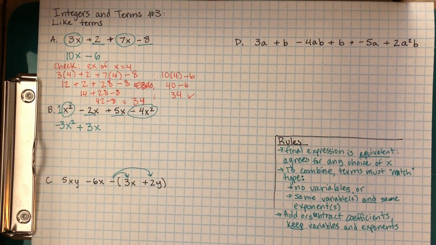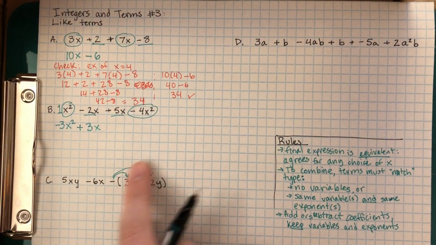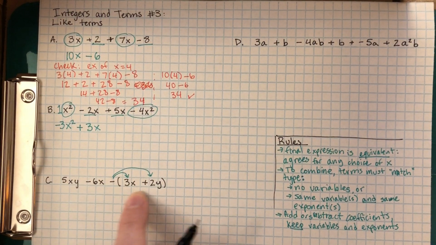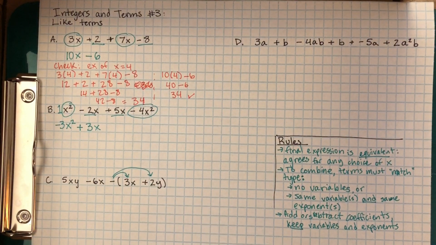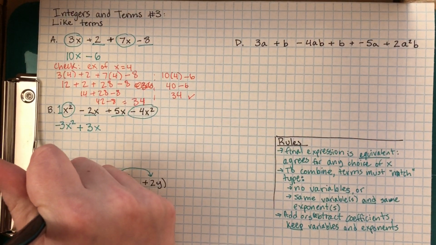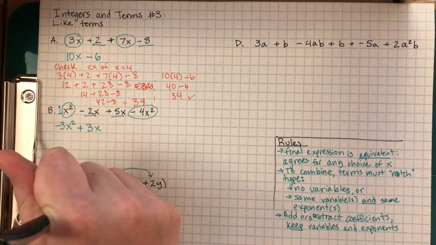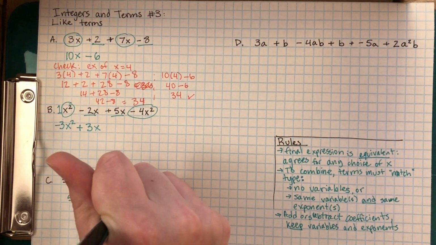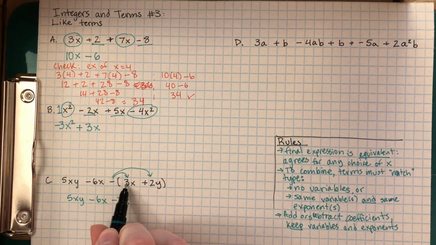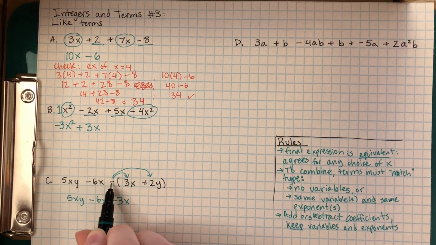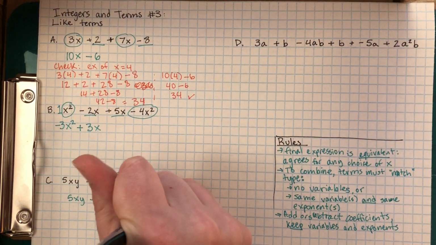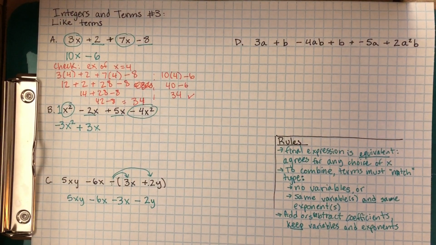If you watched the arrow video, you know we kind of have to flip all the arrows that are part of this group, or you could think about it as this subtraction forces all of these terms to change teams. So I'm going to rewrite this as 5xy minus 6x minus 3x, because this minus turns this into minus, and then this is also going to turn this one into minus 2y, or you could write plus a negative 2y.